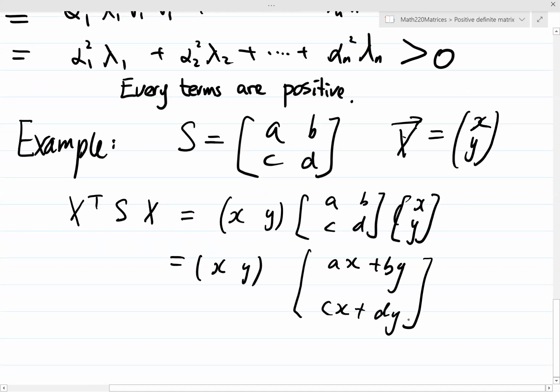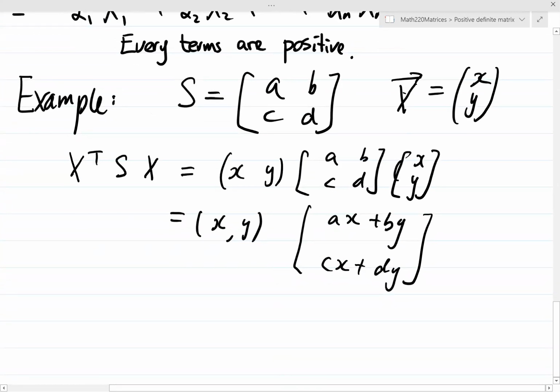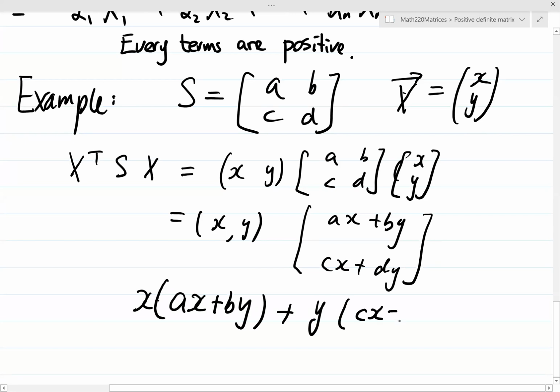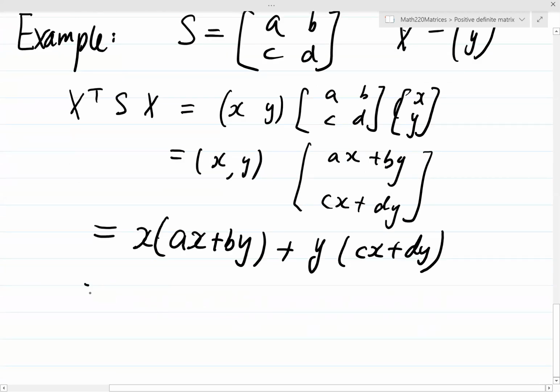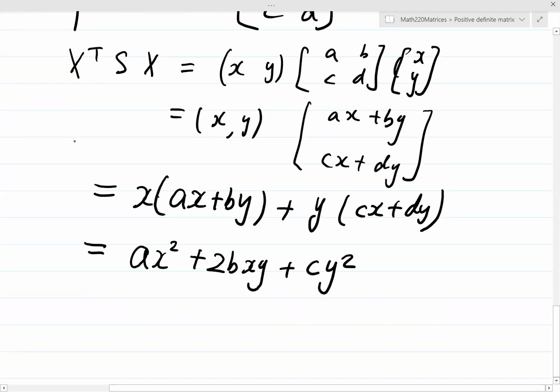Row times column, then expand, dot product. So we get x times (ax plus by) plus y times (cx plus dy). Now if you rearrange this, we get ax squared plus 2bxy plus cy squared. So this is actually a quadratic form.